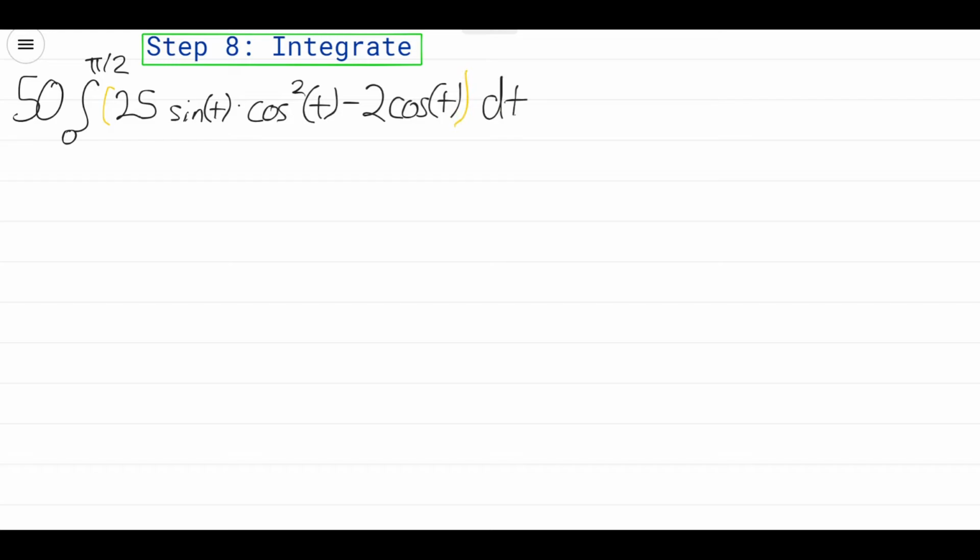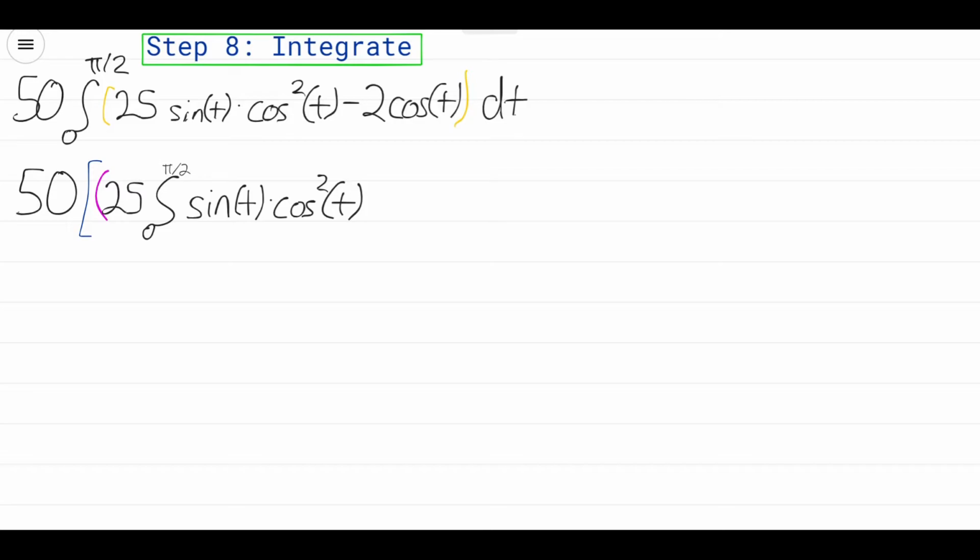Now I'm simply breaking this into two separate integrals: the integral of sine t cosine squared t dt, minus 2 times the integral from 0 to pi over 2 of cosine t dt.